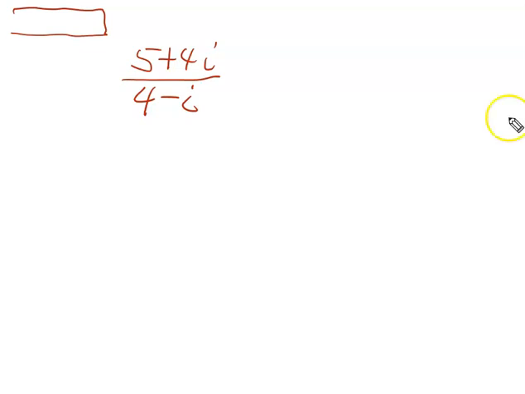So again, we can multiply this by a 1. Wouldn't change its value. But the form of 1 that I'm going to use now will be the conjugate of the denominator. And that would be a complex conjugate.